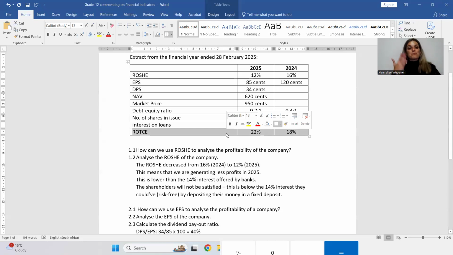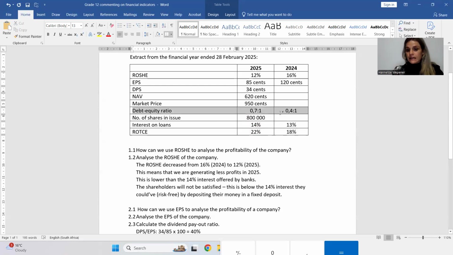Because remember, if we go back to that other video, with ROTCE, we said, okay, you might be relying heavily on loans, but it might be that you're really generating good profits using those loans. And if we're looking at ROTCE, it's saying that last year, using my capital and my equity, I was able to generate returns of 18%.